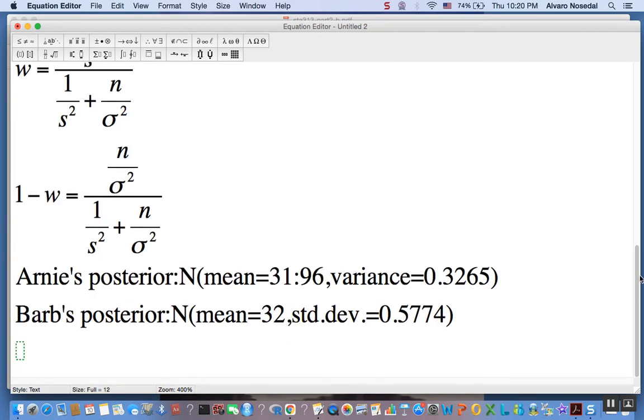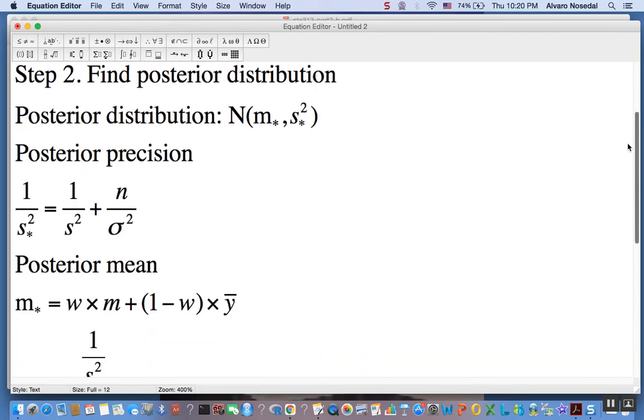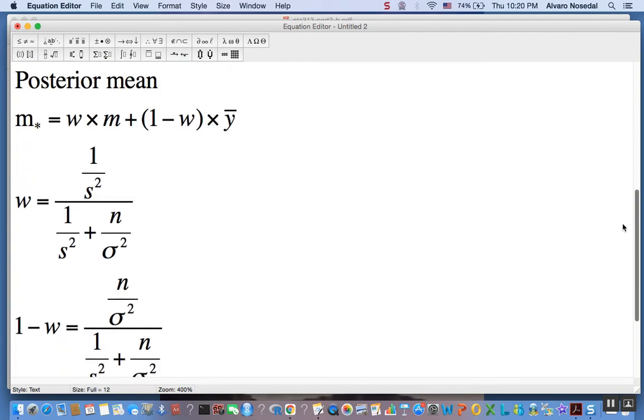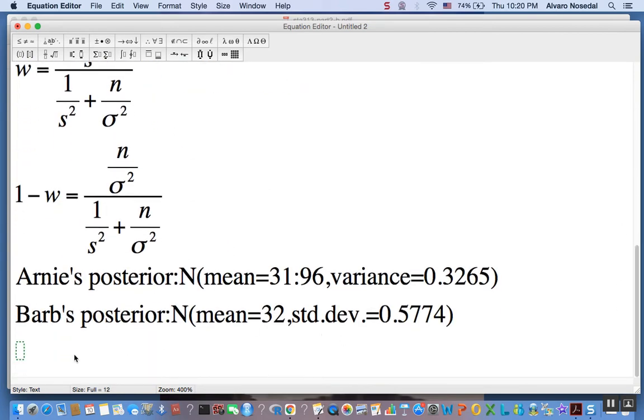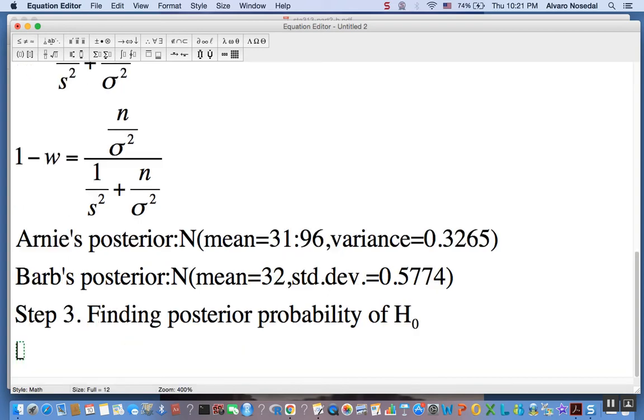So we have step 2. Step 3, what we said is what we have to do is finding the posterior probability of H naught, or H0. Okay, so let's do this for Arnie first.